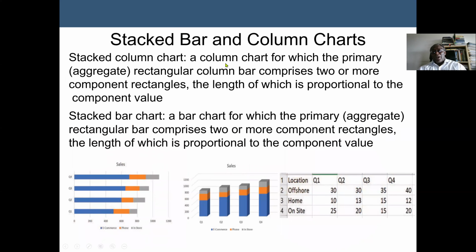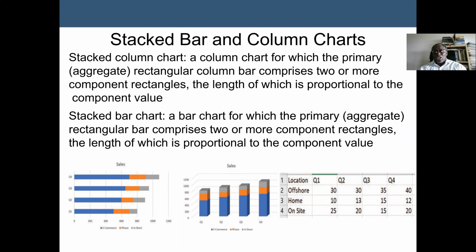Then we have the stack bar and column chart. A stack column chart is a chart for which the primary or aggregate rectangle column bar comprises 2 or more component rectangles, the length of which is proportional to the component value.